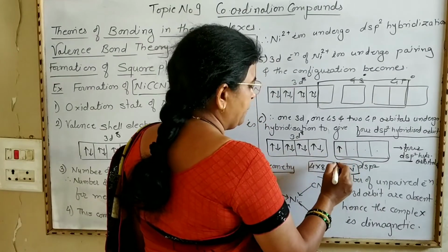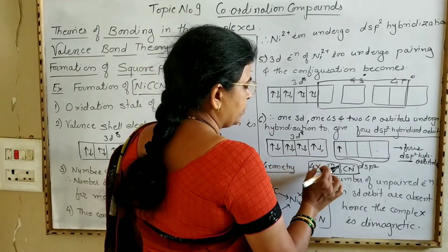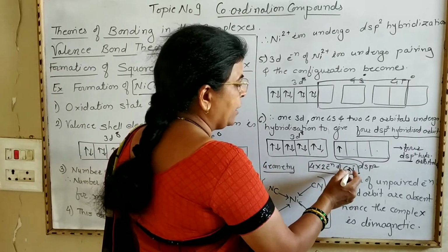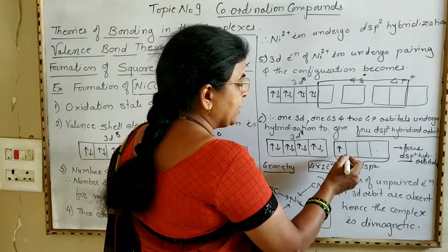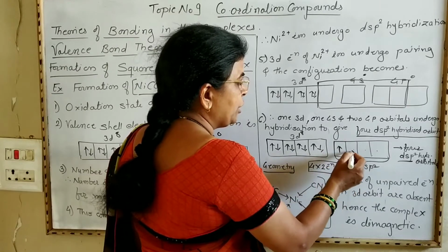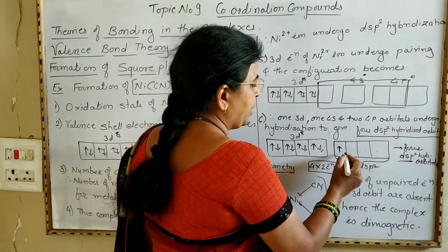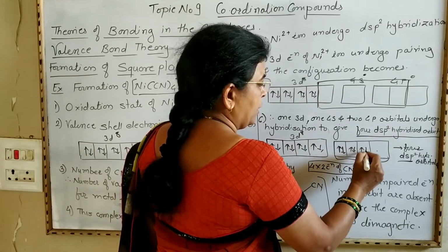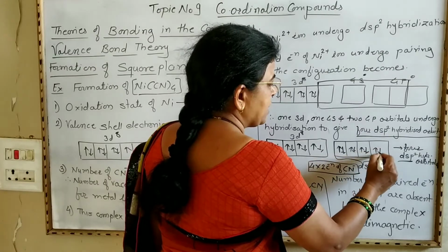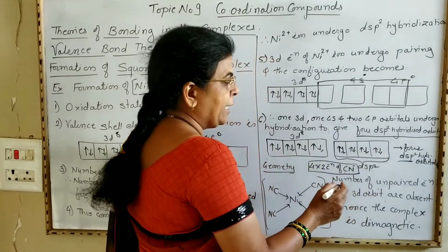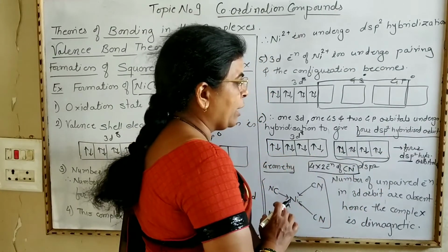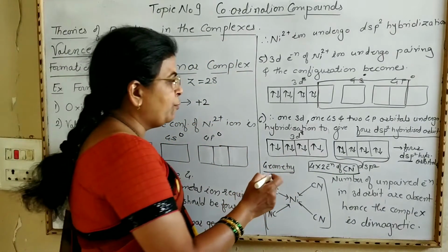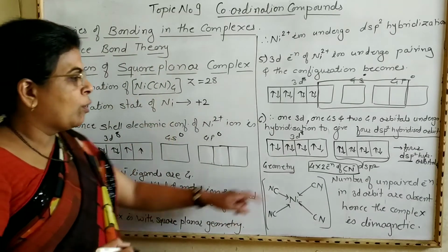Now 4 multiplied by 2 electrons of CN- ion donates its electron in this dsp2 hybridized orbital to form metal ligand, that is nickel and CN- metal and ligand bond. That is, 4 metal ligand bonds are formed.